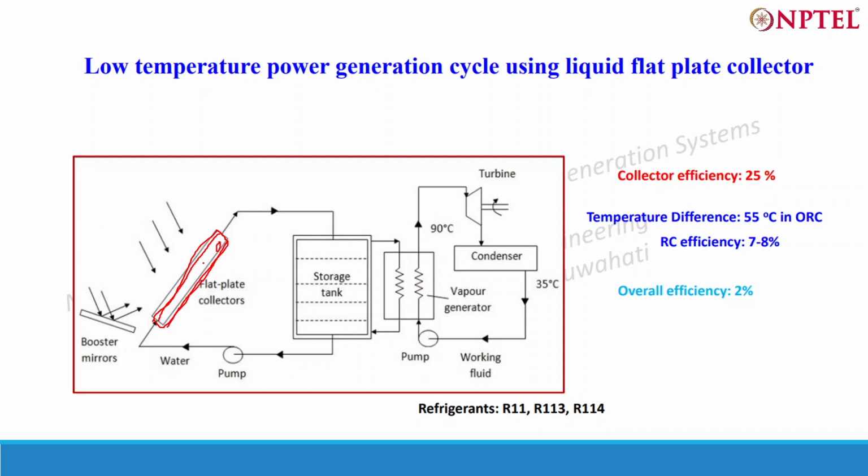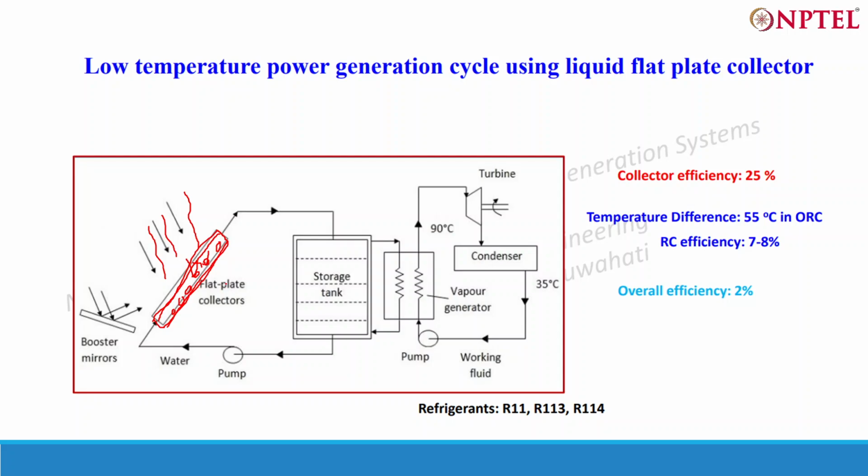Pipes are there, or if air is to be heated, then you need not have pipes. These are liquid flat plate collectors. Whatever shorter wavelength enters here gets converted to long wavelength because of this glass and gets trapped inside, and the heat is transferred to the fluid or the material which is flowing through this.